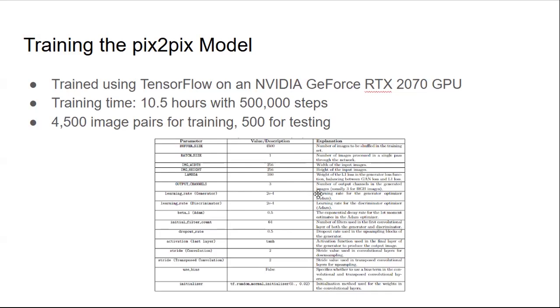In this table, you can see the key parameters used in this training, such as image size, batch size, and learning rate. In pix-to-pix, one epoch represents a full pass where the model has seen every image in the training dataset one time. The number of epochs equivalent to the 500,000 steps is about 111, which is a reasonable number in this type of training process.